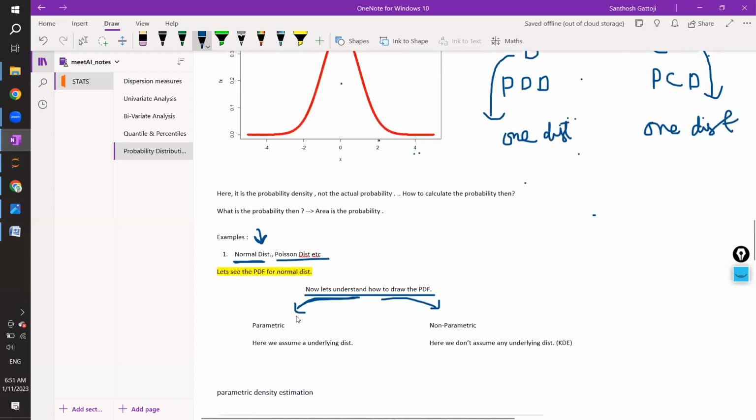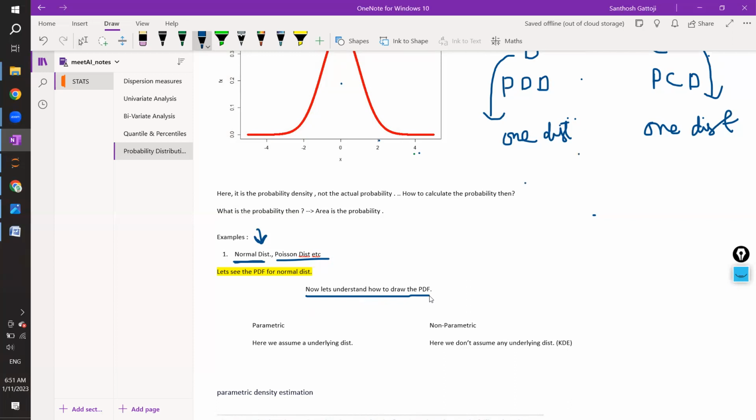Parametric is simple. Here we assume that the underlying distribution is some sort of known distribution.